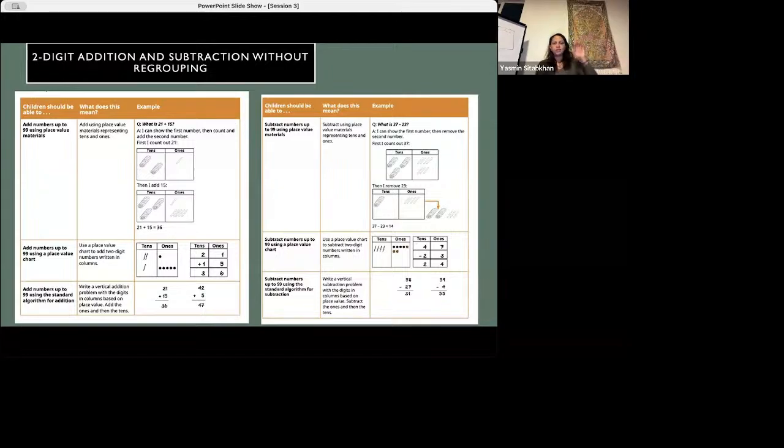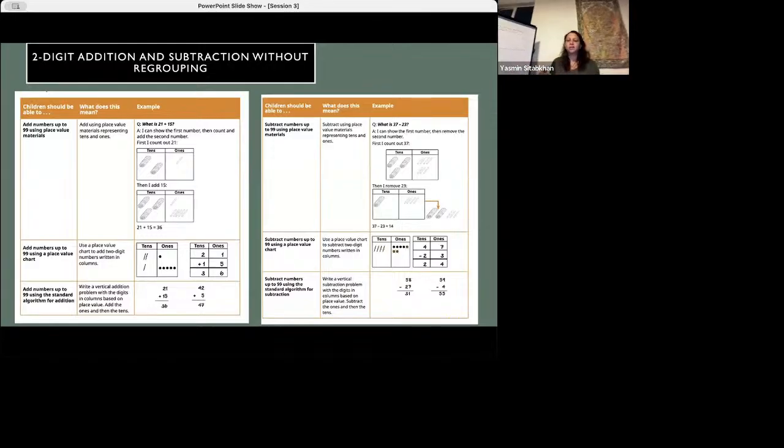Once they've used bundles and sticks, they know how to use them, and they're doing pretty well with that, then you might want to take out the bundles and sticks and just use the chart, right? That's your next level, where you start using more of the numbers.